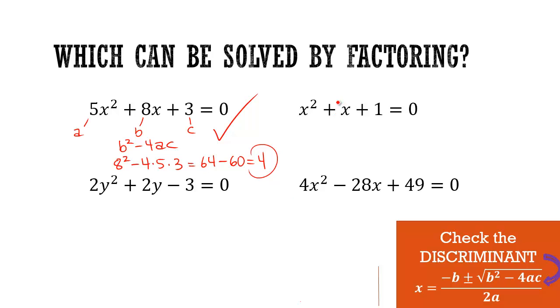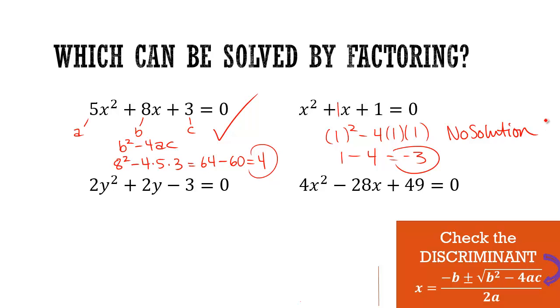You could take this example here. b squared minus 4 times a times c, you get 1 minus 4 is negative 3. Yikes, you can't take a root of a negative. This one's going to have no solution. Don't even have to do everything, you just need to check what's in the root. Now this one will have 2 squared minus 4 times 2 times negative 3.